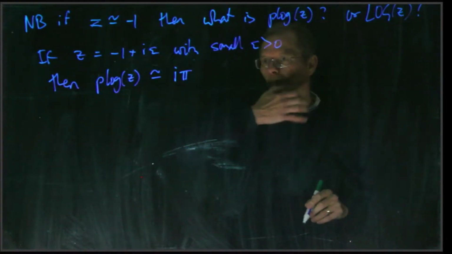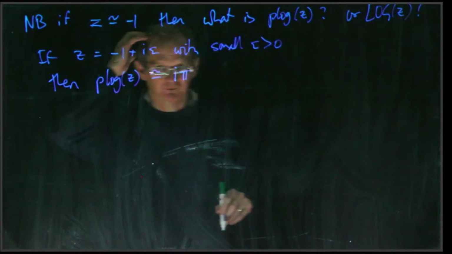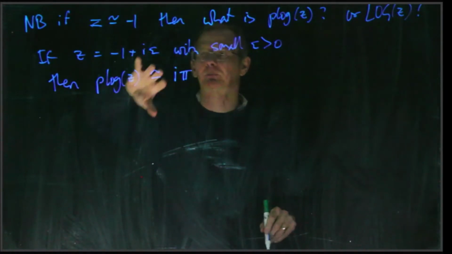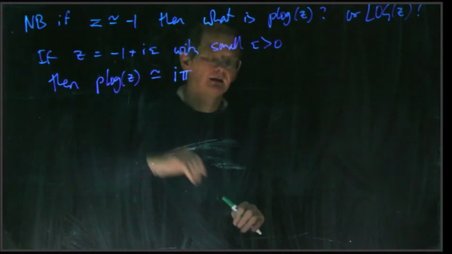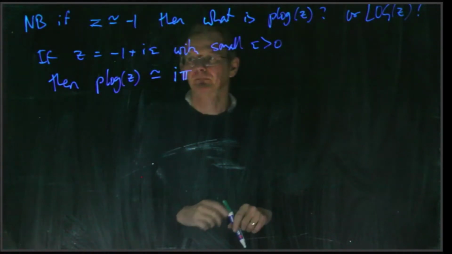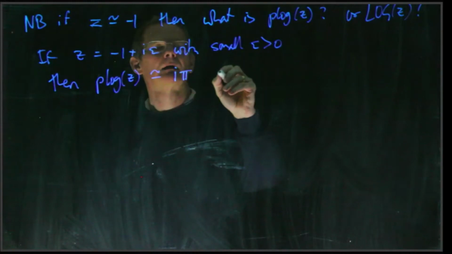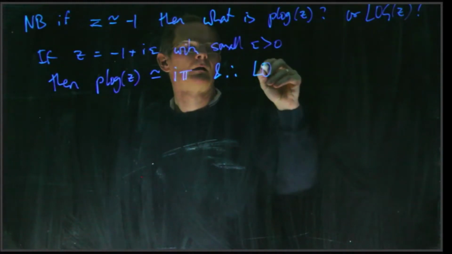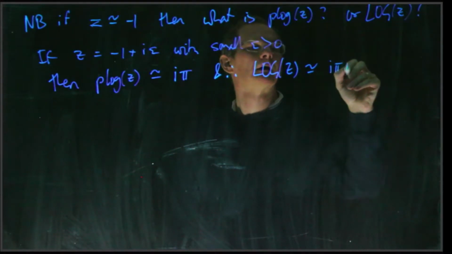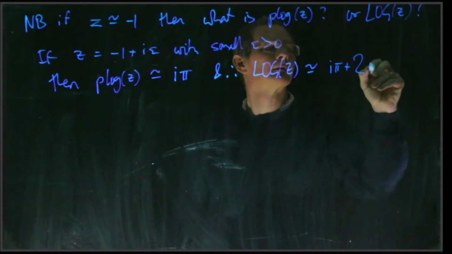Because the angle, remember we write this as r e to the i theta, and in this case theta is approximately pi, but just a little bit less than pi, so your principal log is like so. And so Log z is approximately the coset i pi plus 2 pi i Z.